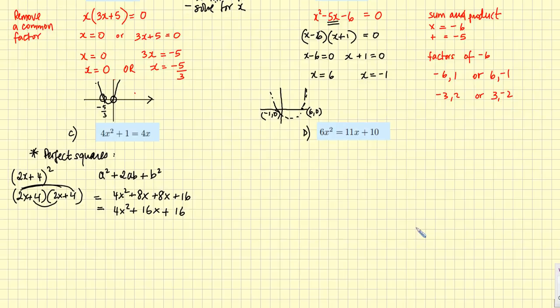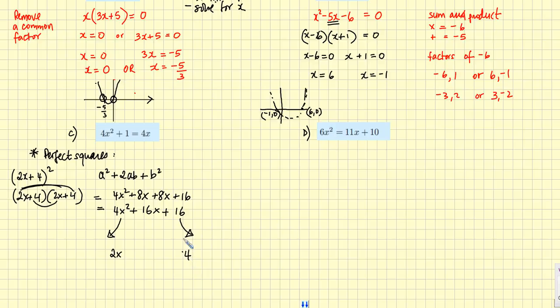Now, what I can do is that when I have to factorize, the first thing I'm going to do is bring everything over to one side, which is already here. If I have to factorize this, I can take the square root of the first term, and I can take the square root of the last term. So the square root of 4x squared is 2x, and the square root of 16 is 4. Now, I can check to see whether this is a perfect square or not by simply saying, if I square the first, I get 4x squared.